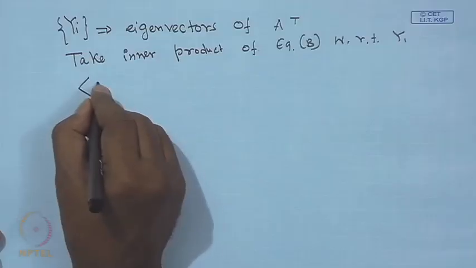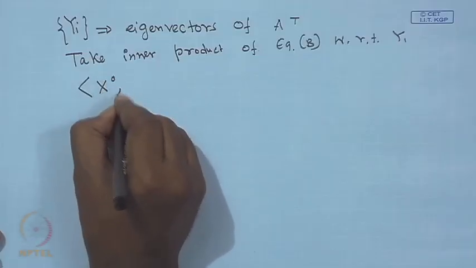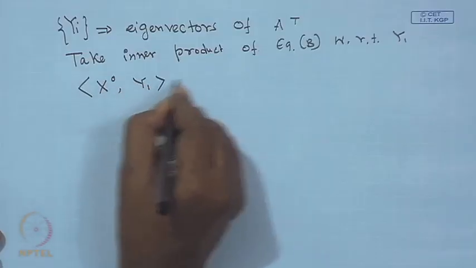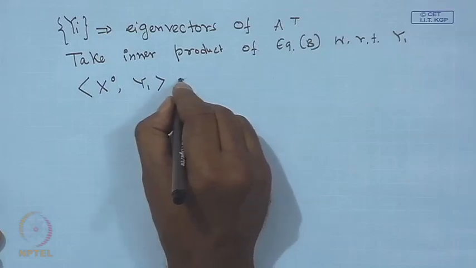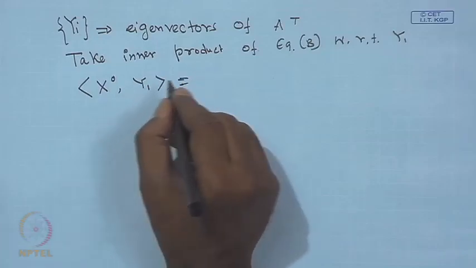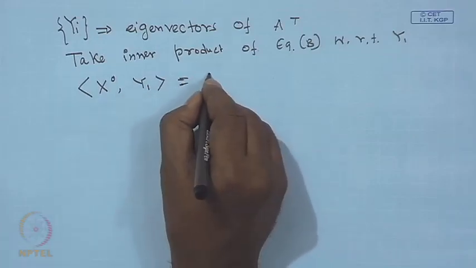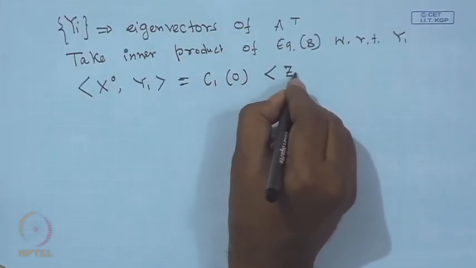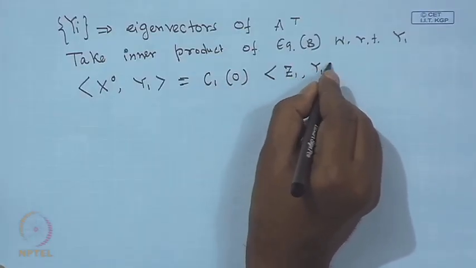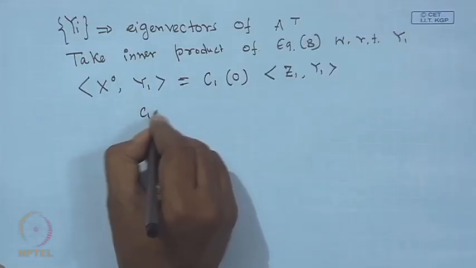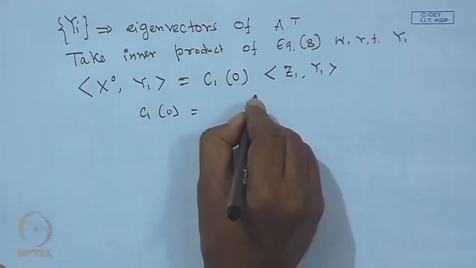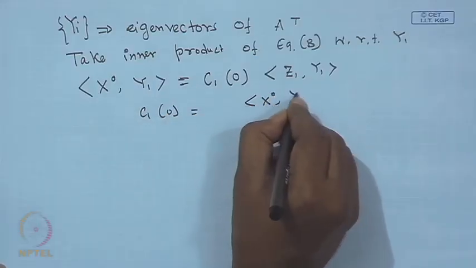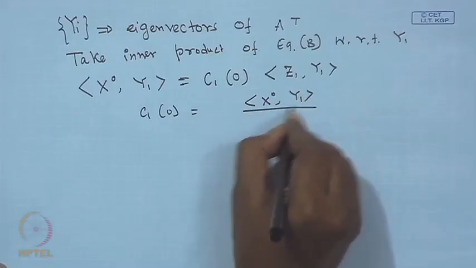The inner product of x_0 and y_1 should be equal to c_1,0 times the inner product of z_1 and y_1.